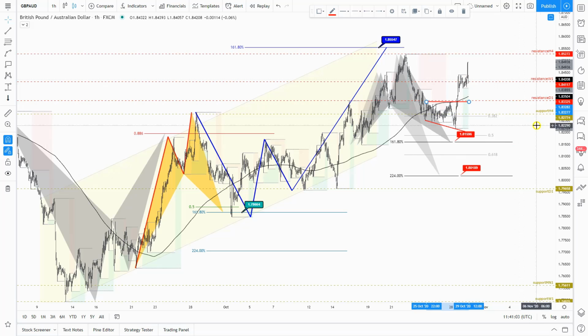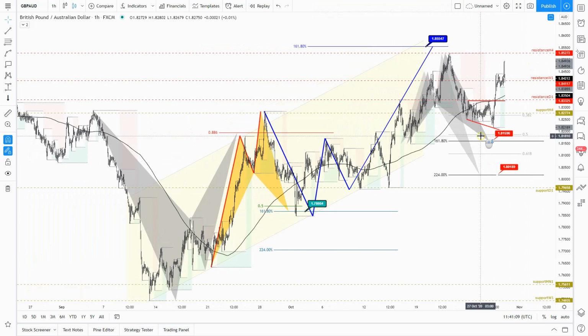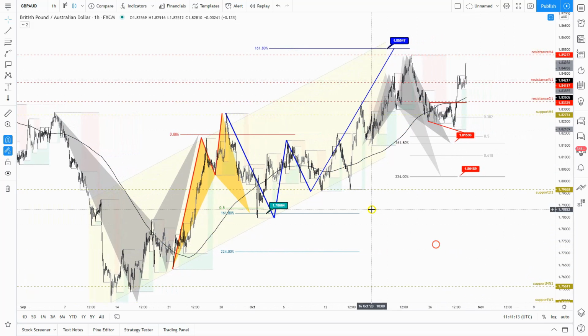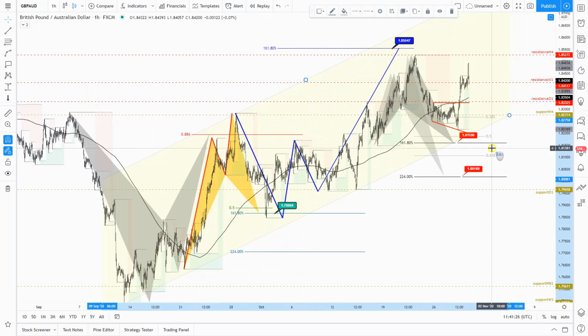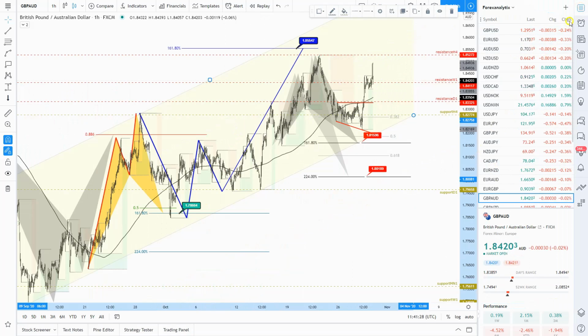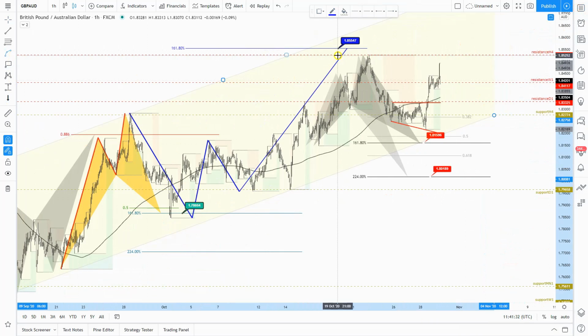As soon as the market violates these previous structure highs, it has started to trade even higher. So we're still trading a bullish sequence and a bullish momentum, and now I need to adjust this channel, and let's wait and see what will happen from here. We are approaching the previous structure high, so let's stay tuned.